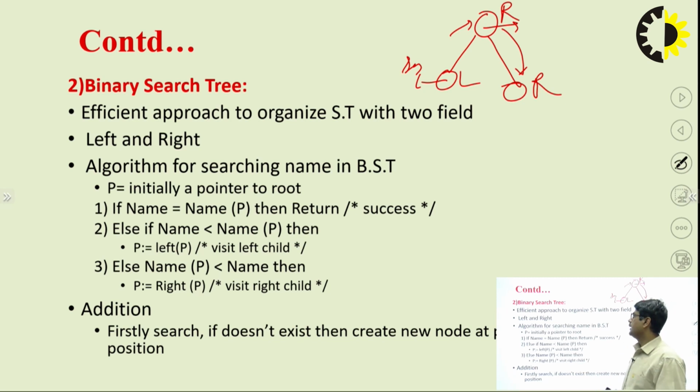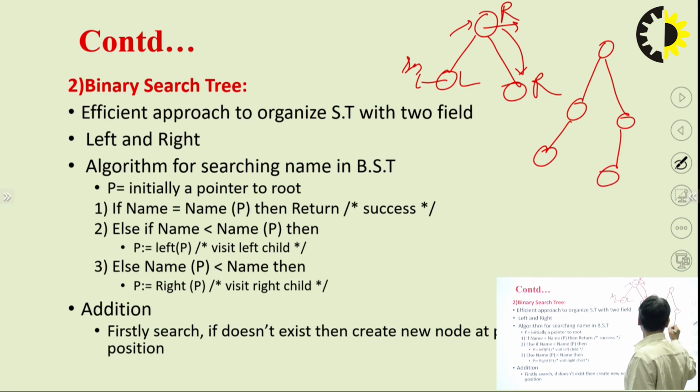Okay. If you are going to search for any name in a BST, how can you search? Suppose there is a tree given: 5, 3, 4, 2, 6, 7. Suppose we want to search for 3. Then what do we have to do?